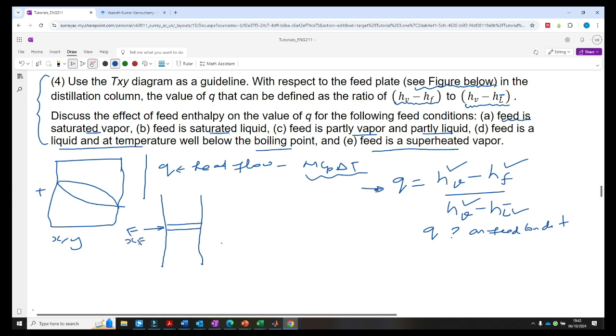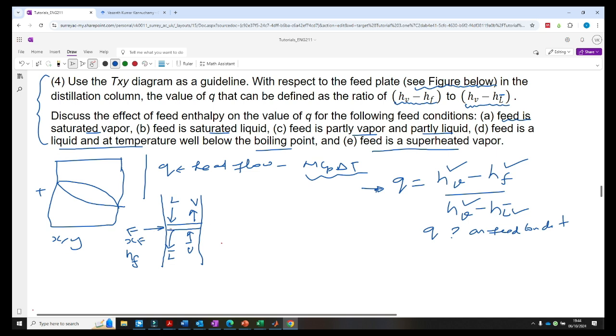X suffix F, which you should know by this time, is the molar concentration of the more volatile component in the feed, and then we also define the enthalpy of the feed, which is H suffix F. The liquid that enters the feed plate we will call L, the liquid that leaves the feed plate L cap, the vapor that enters the feed plate V dash, and the vapor that leaves the feed plate V. Okay, so these are just labeling at the moment.